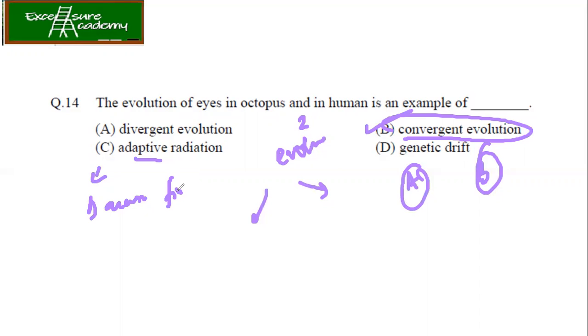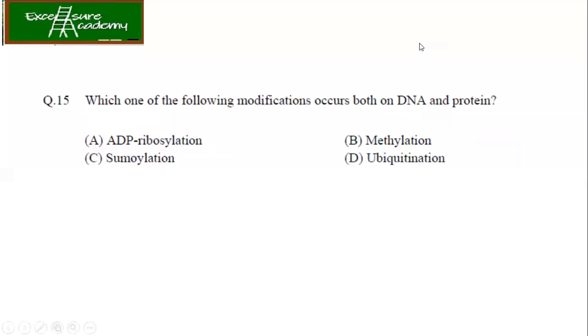Now, what is genetic drift? It is the mechanism of evolution in which allele frequency of a population changes over generations due to chance events. So now we know the meanings of all four options, and it is very clear that the question is talking about convergent evolution. Okay, so again, moving on to the next question.